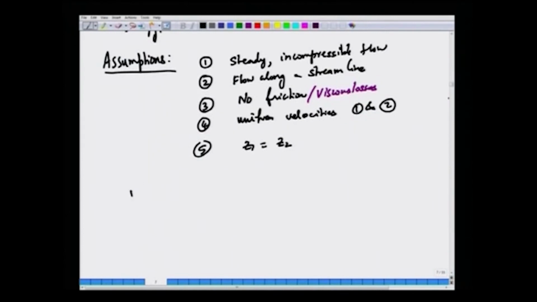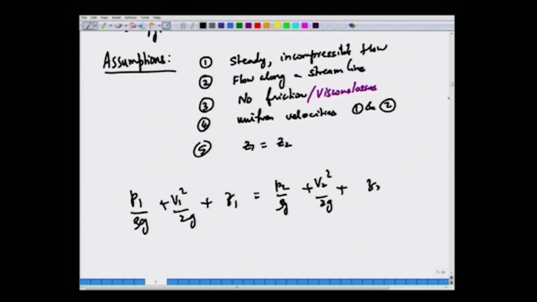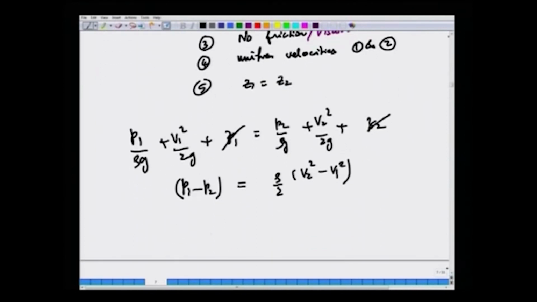So, if you use the Bernoulli equation, P1/ρ + V1²/2 + gZ1 = P2/ρ + V2²/2 + gZ2, and Z1 is approximately equal to Z2. So P1 − P2 becomes (ρ/2)(V2² − V1²).